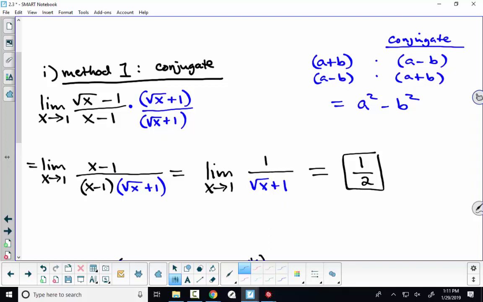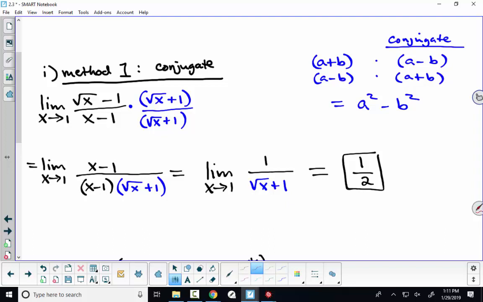We were approaching a finite number. x is approaching a finite number, and the y values are also approaching a finite number. The original function was undefined at this value we're approaching. So 1 isn't in the domain of this function, but we get an actual value according to the limit in return. So we have a hole on that function at 1/2.